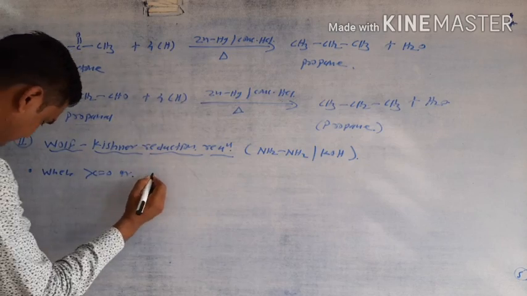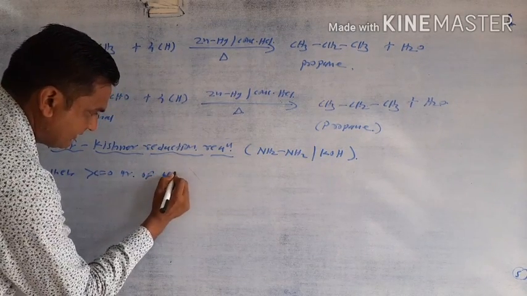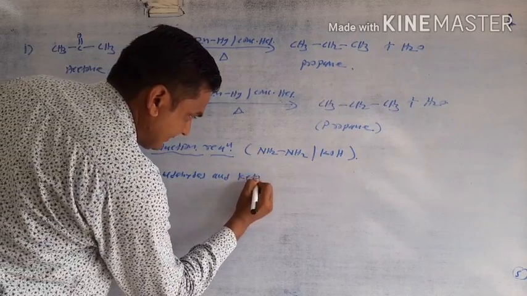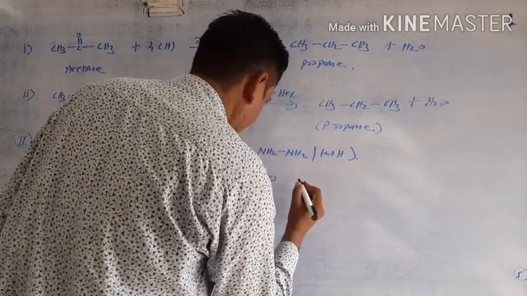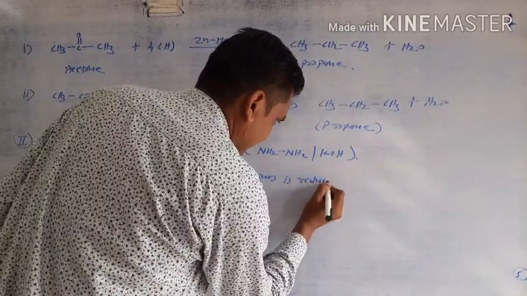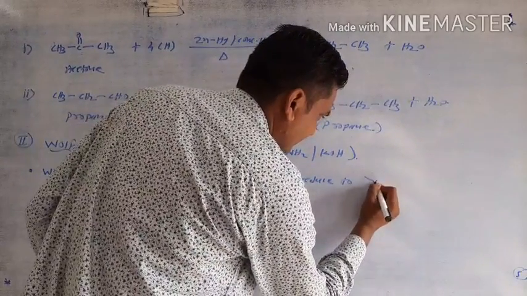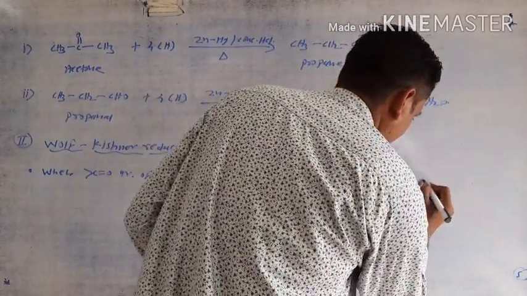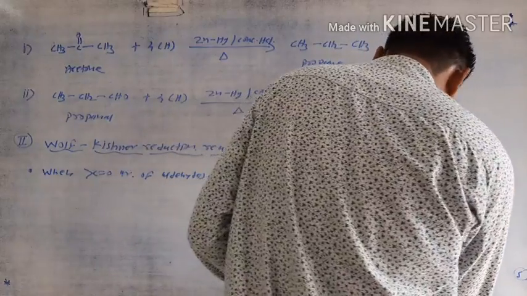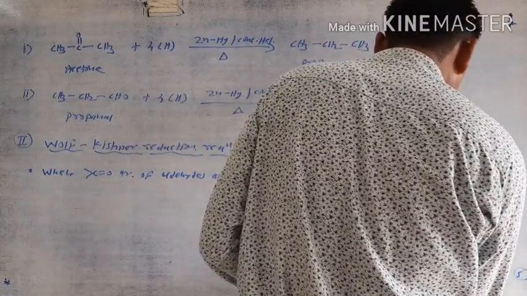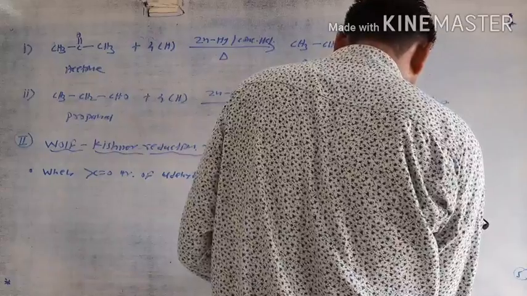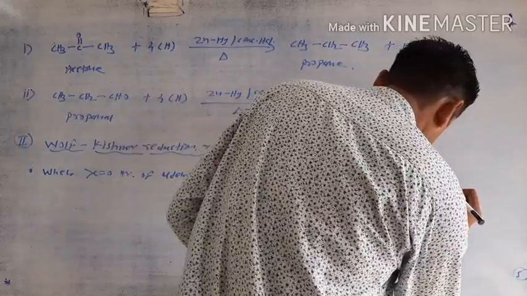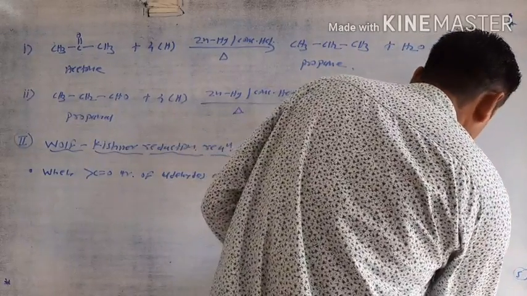the carbonyl group of aldehyde and ketones is reduced to methylene group by hydrazine.